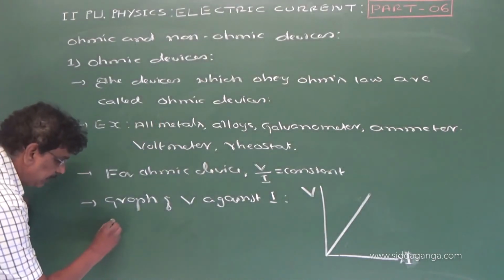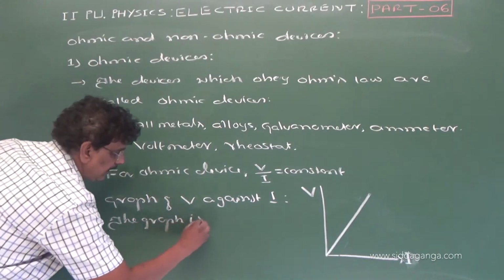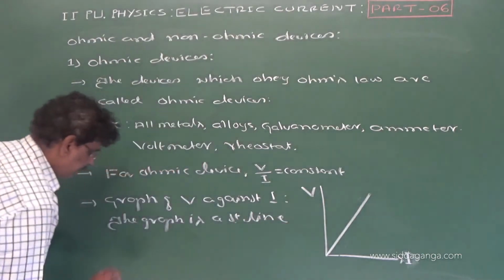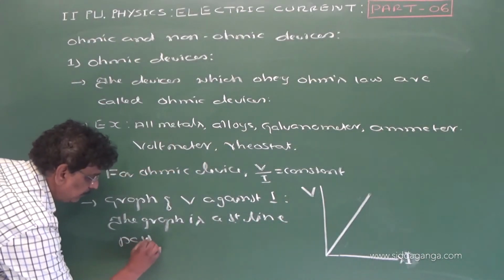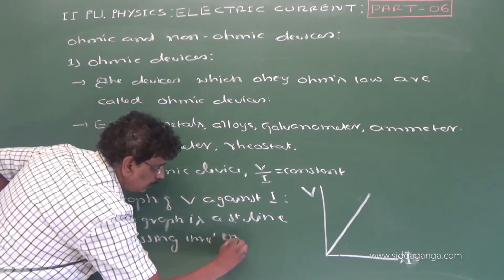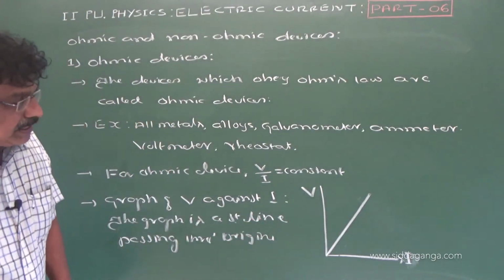Now the graph is a straight line passing through the origin.